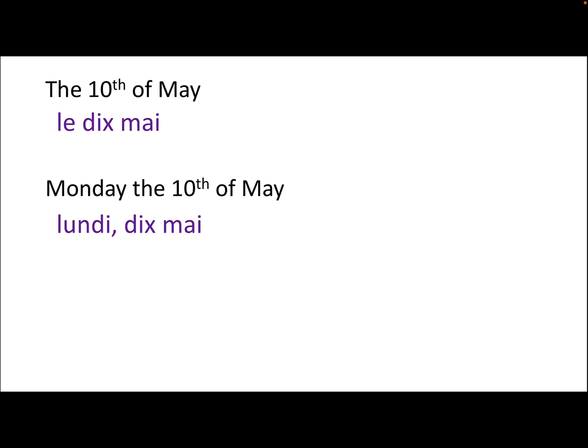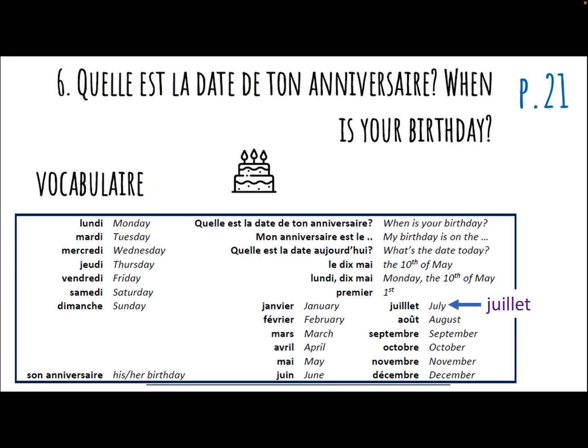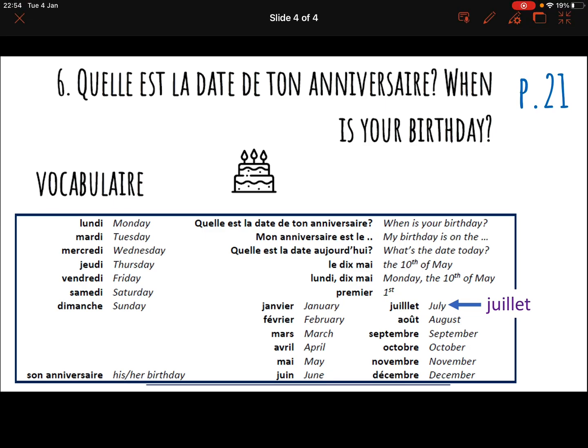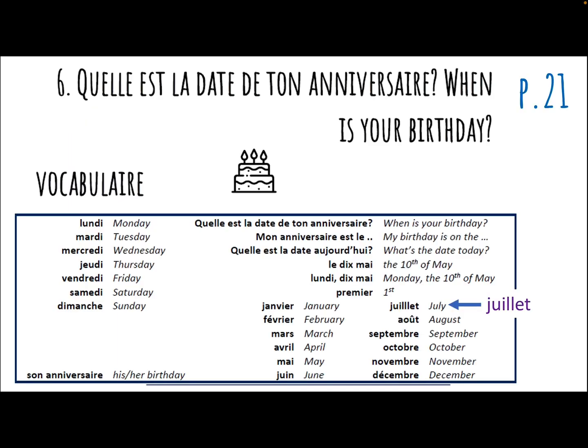And that's it. So this vocab is on page 21 of your booklets. We've got the days of the week that we've already run through here. We have lundi, mardi, mercredi, jeudi, vendredi, samedi, and dimanche. And we also have then the 2 different ways to say dates. One thing that is slightly different in French, we just use the number for dates.